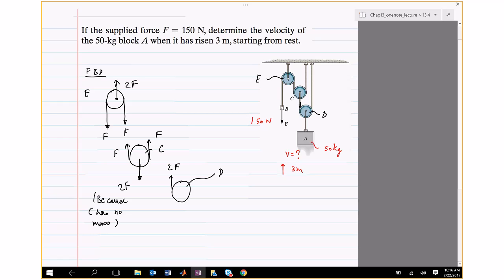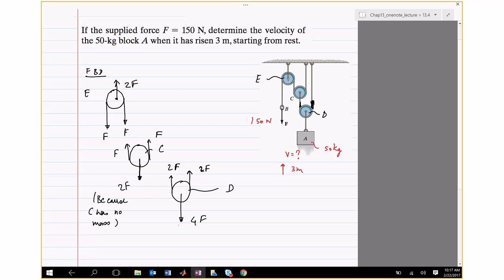This string wraps along this pulley, and so there's going to be another force equal and opposite to F. This 2F is from here, and then this force is going to be 4F.